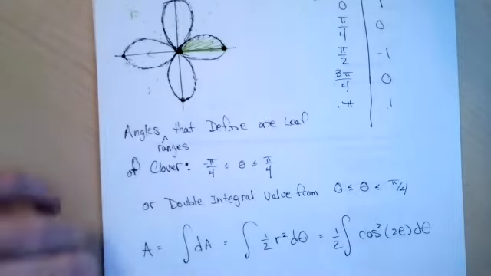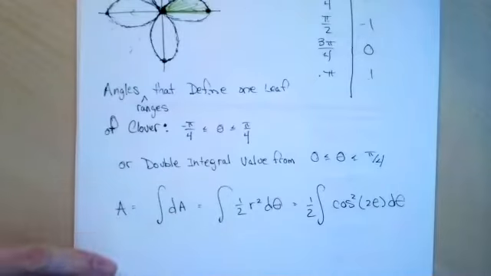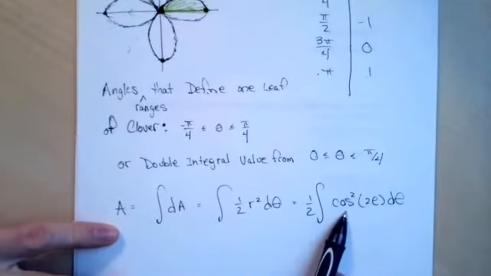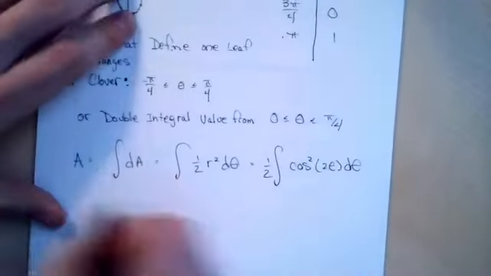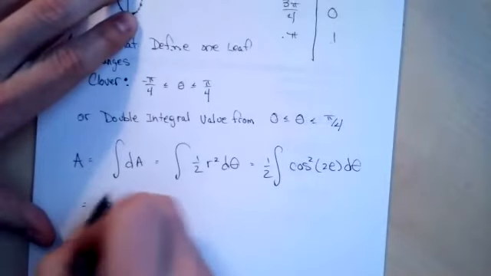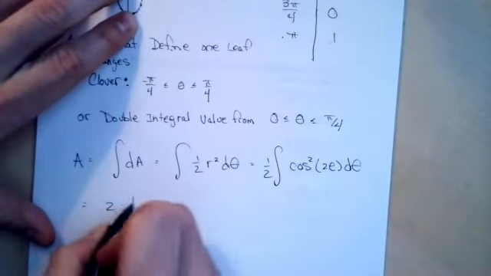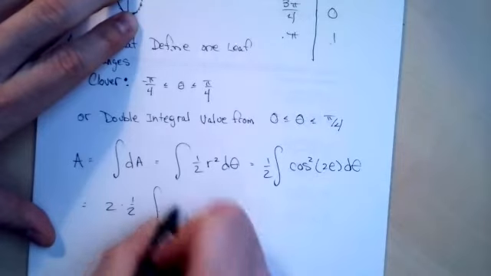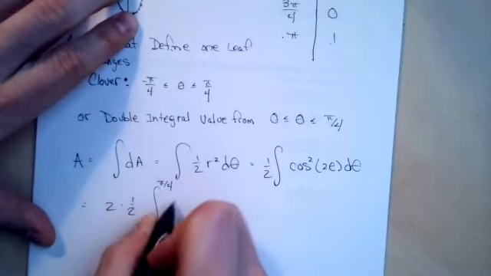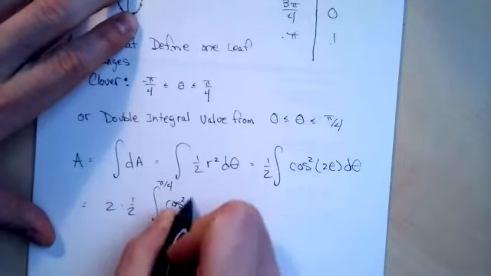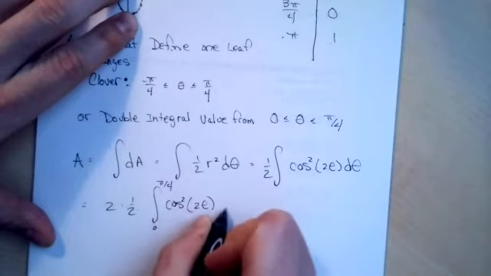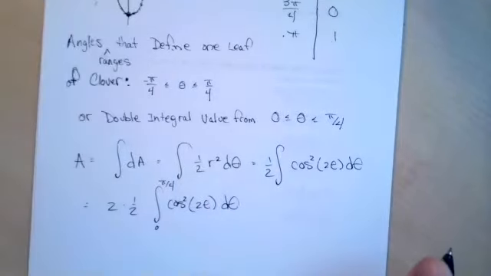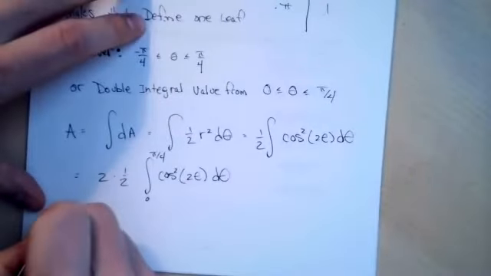So let's go ahead and do that. It'll make our lives maybe a little easier. Of course, we're still going to have to integrate cosine squared. So it's just going to be 2 times 1/2, from 0 to pi over 4, cosine squared 2 theta d theta. You've got to remember how to do cosine squared.